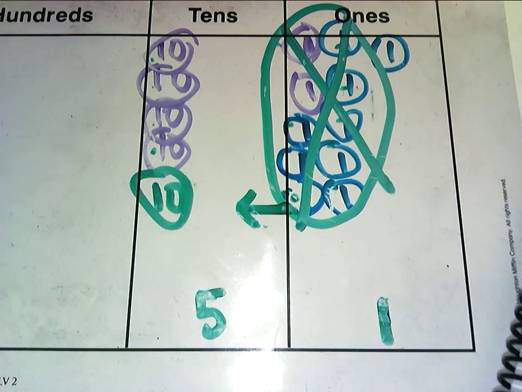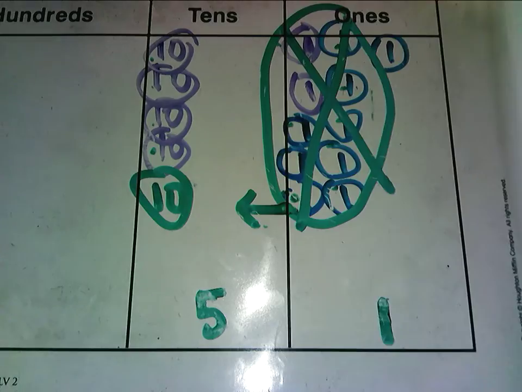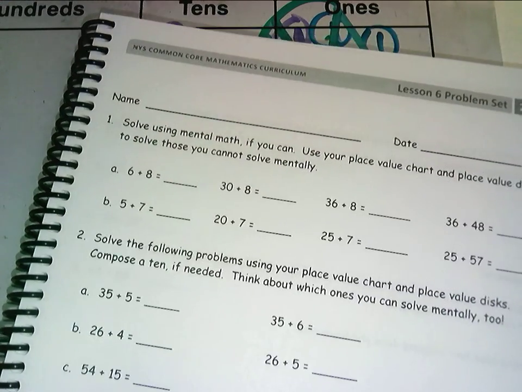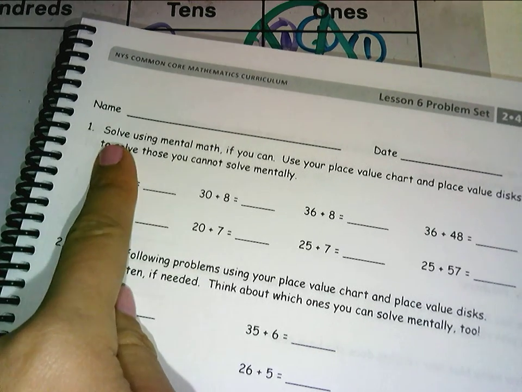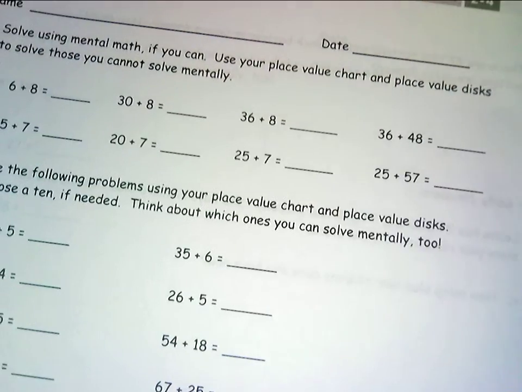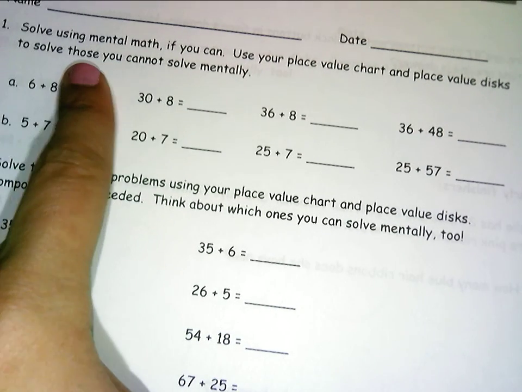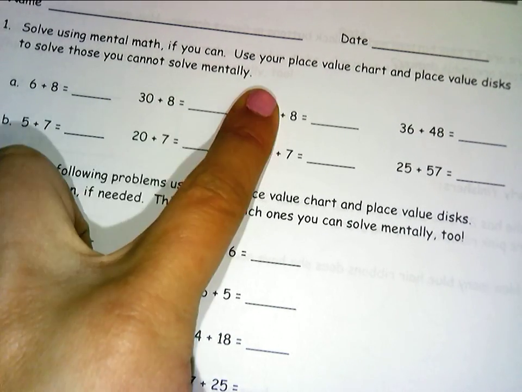So you're going to lesson 6. It says, this top part, solve using mental math, if you can. Use your place value chart and place value discs to solve those you cannot solve mentally.